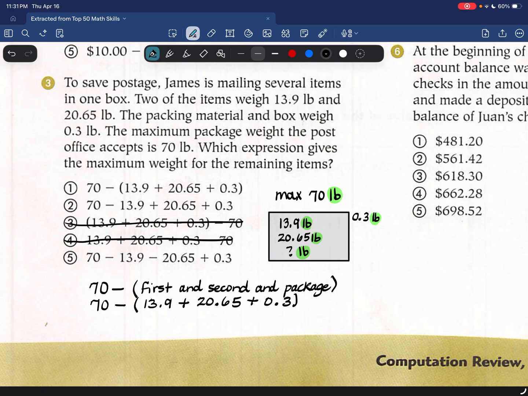Same thing with number 5. It doesn't subtract the 0.3. It just subtracts the 2 items. So the only one left that fits what I need is number 1. You would take the 70 minus all that other stuff, and that would tell you how much is left over for your remaining items.